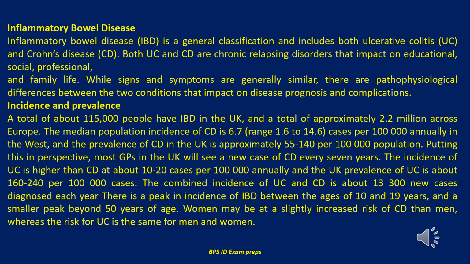There is a peak in incidence of inflammatory bowel disease between the ages of 10 and 19 years, and a smaller peak beyond 50 years of age. Women may be at a slightly increased risk of Crohn's disease than men, whereas the risk for ulcerative colitis is the same for men and women.